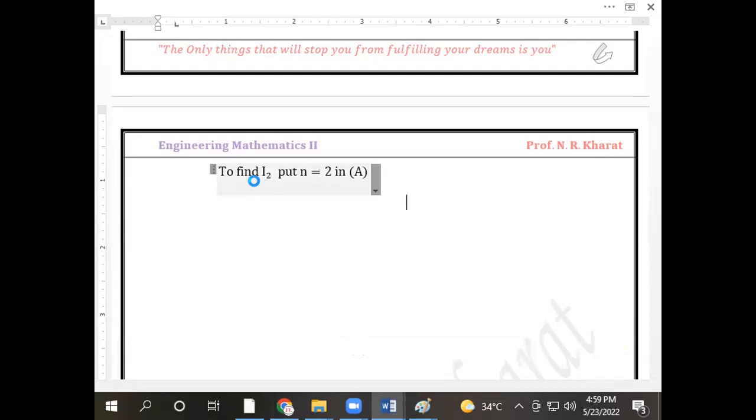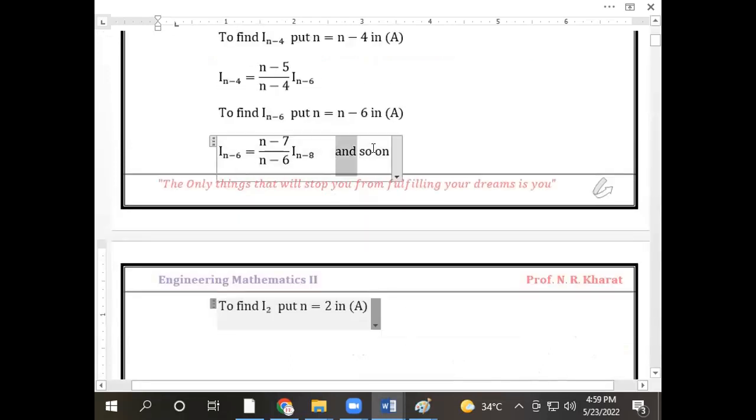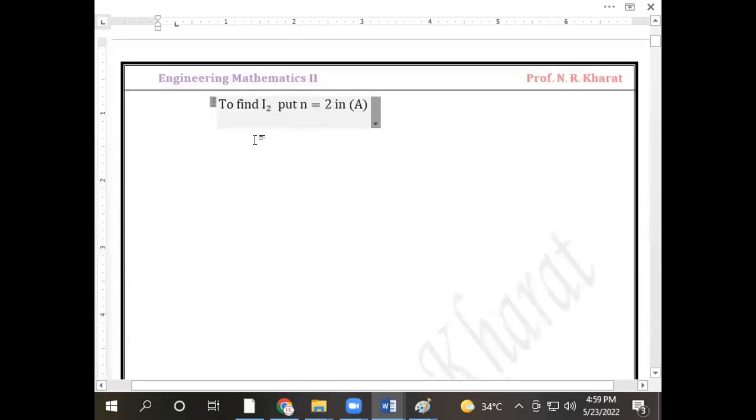To find the value for I2, we just proceed like this, and so on, till we get I suffix 2 or I suffix 1. For finding the value for I of 2, we have to replace n equal to 2. We get I2 is equal to 1 by 2 I0. And we have to find I0.